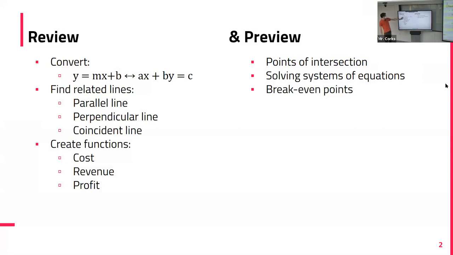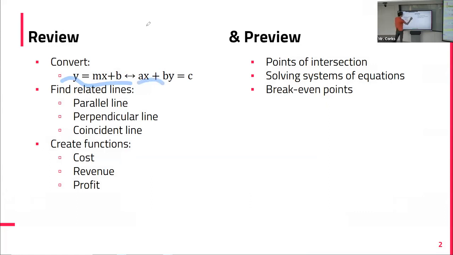Okay, so last time we talked about switching from slope-intercept form into standard form, and switching back. It's not too hard to switch back and forth. Then we talked about how to take a given line and find various related lines. How do we find one that's parallel?